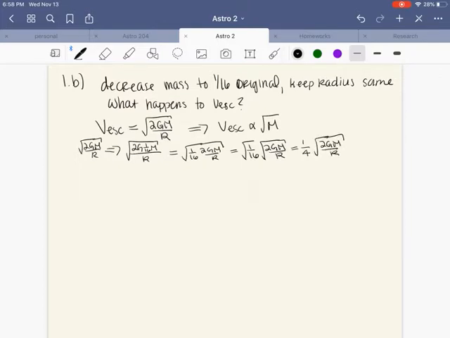So you can say, okay, well, this is what I started out with. And now I'm going to divide it by 4, or multiply it by 1/4. So I also have to multiply my escape velocity by 1/4. So my escape velocity is going to be 1/4 of the original. If I did this with this shortened version, I would get root m. That's going to go to root 1/16 m.